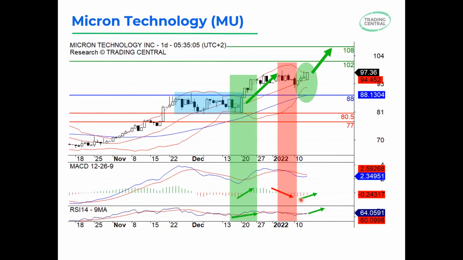The MACD histogram quickly became less negative in the past few sessions, and also the RSI has managed to hold up above the neutral level of 50. Okay, this is a very bullish sign. So this is MU. Have a look.